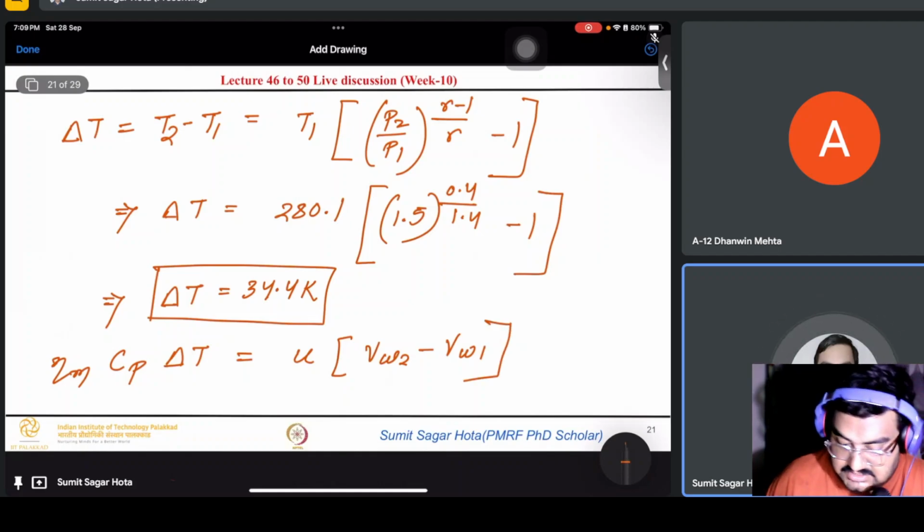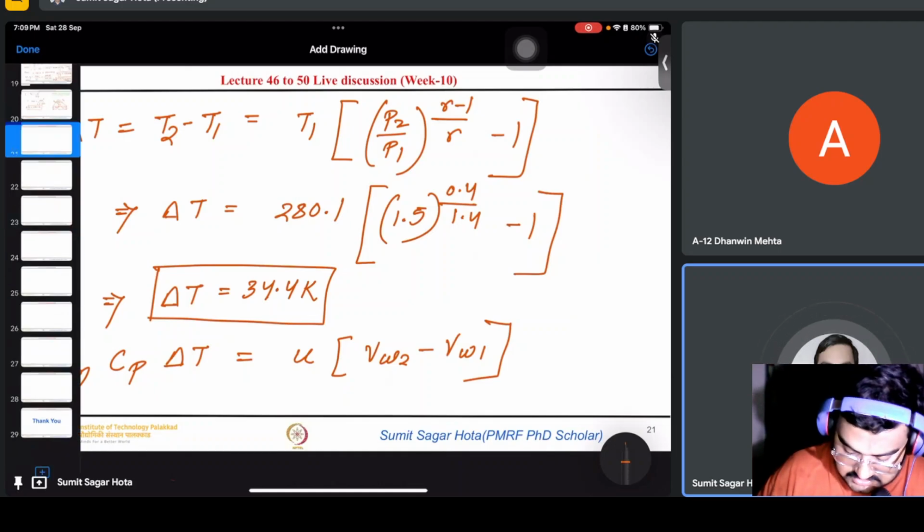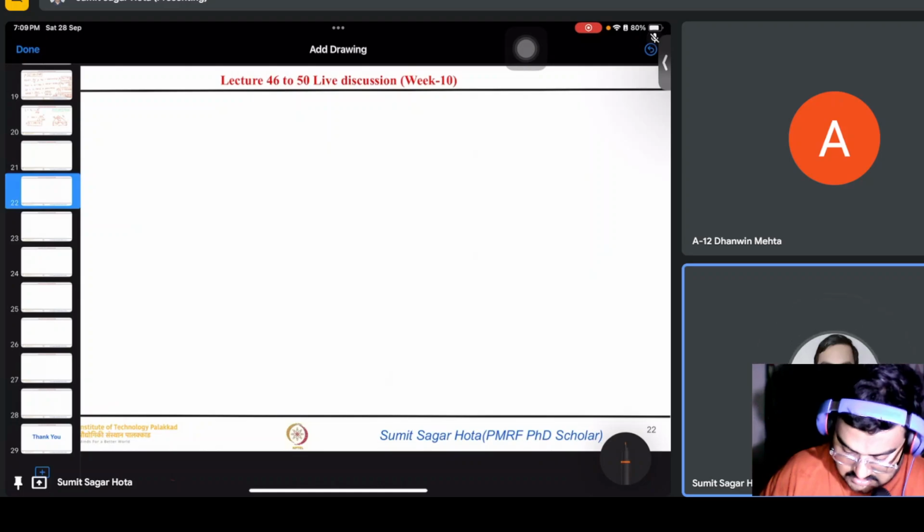So this is the relation in which we can relate the Vw1 to find out the value of Vw2, and through Vw2 we can find out the other velocity parameters. So that's the plan. Now we need to just substitute these values.